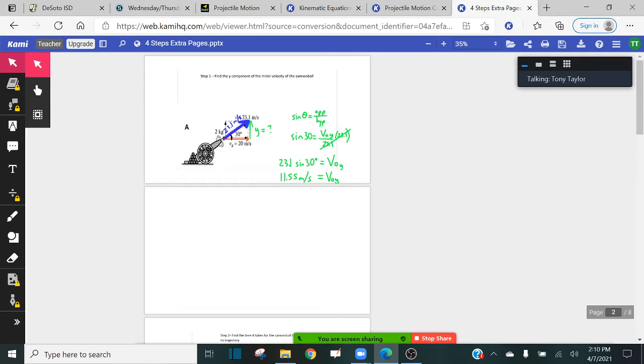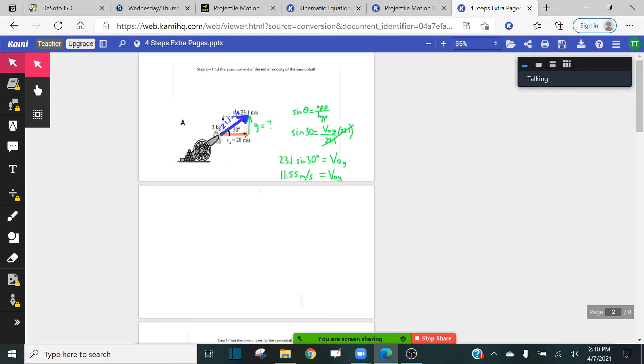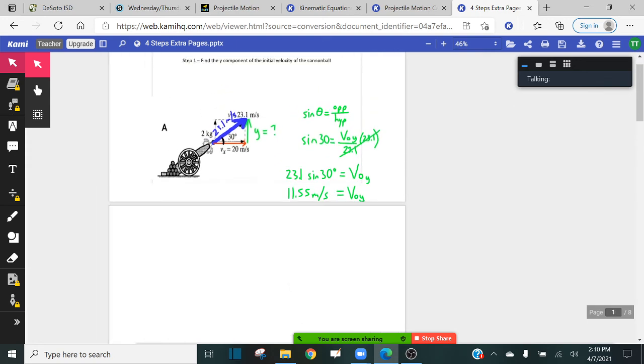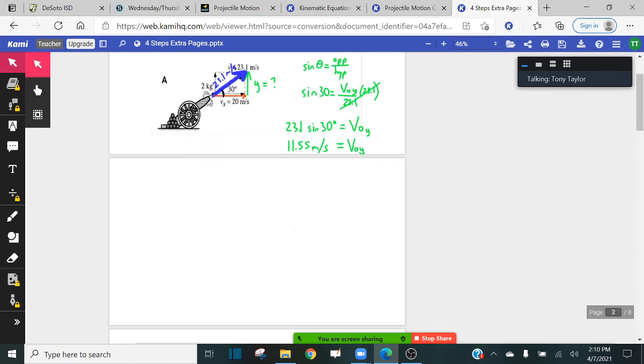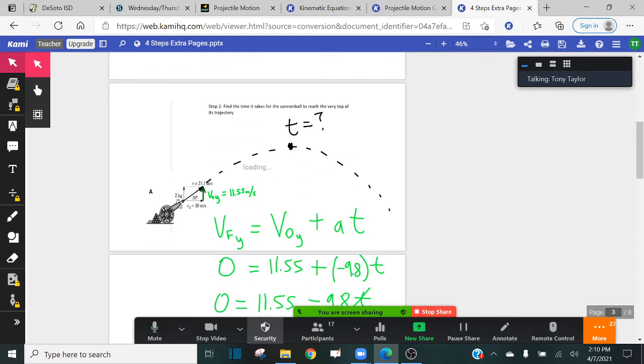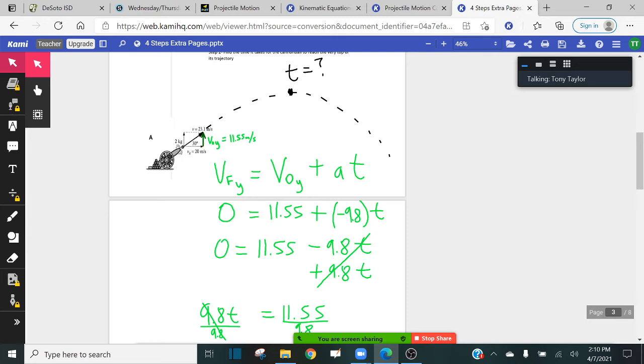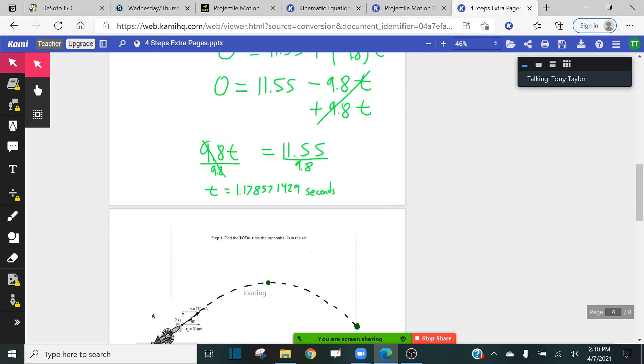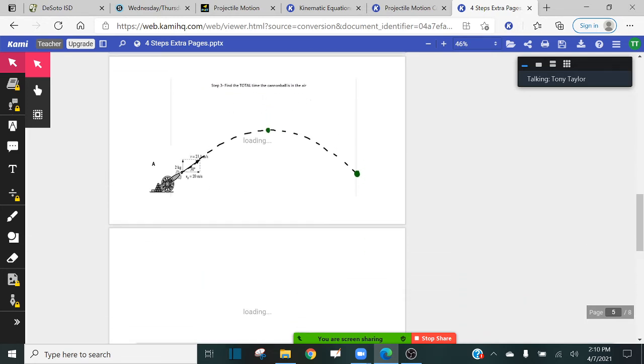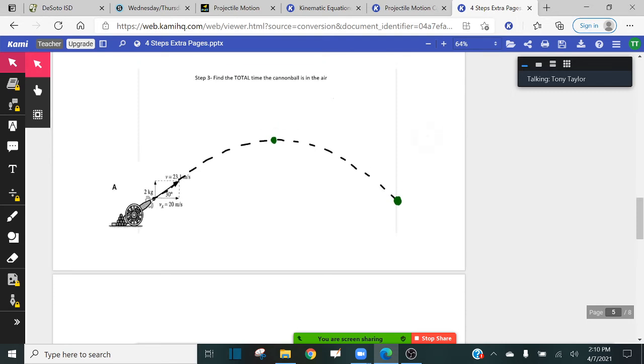Christine, that's step 1. Okay, and then step 2. And then guys, let's move on to step 3. We're almost done here. Step 3 and step 4 aren't that bad.